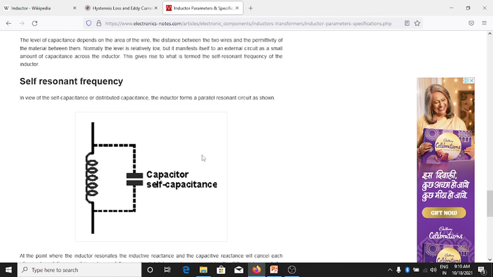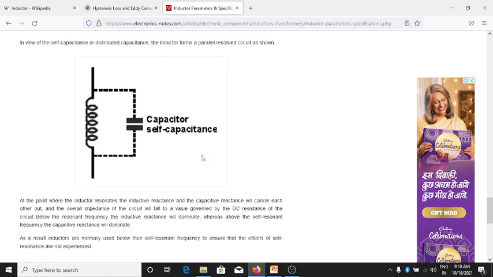Next parameter is self-resonant frequency. In view of the self-capacitance or distributed capacitance, the inductor forms a parallel resonant circuit as shown.